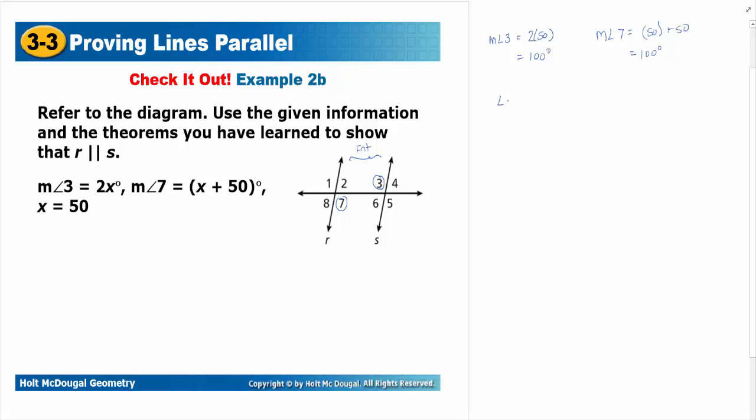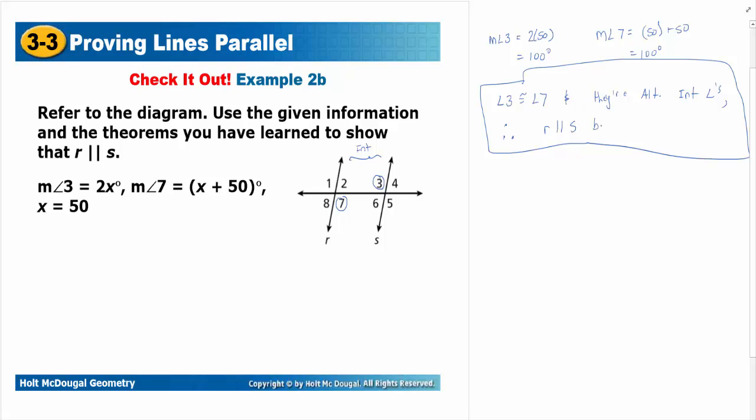So angle 3 is congruent to angle 7, and they're alternate interior angles, therefore R is parallel to S. And I'll say by the converse, I'll say it right this time, the converse of the alternate interior angle theorem.